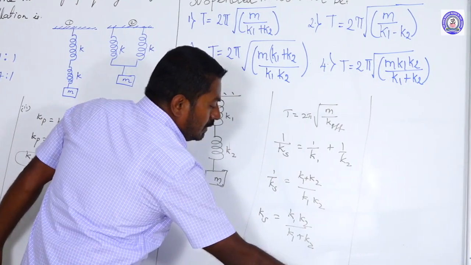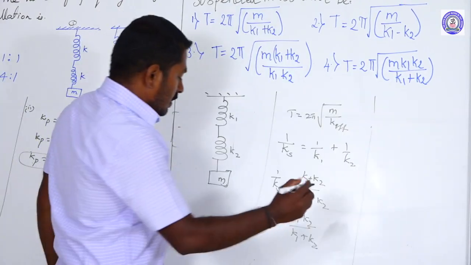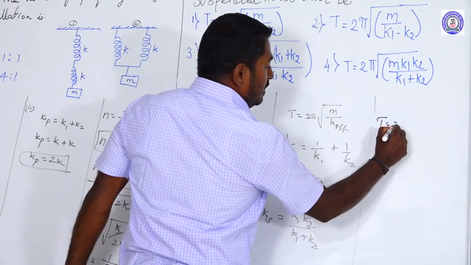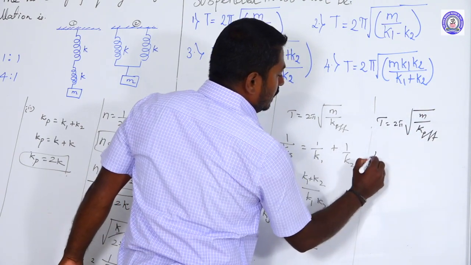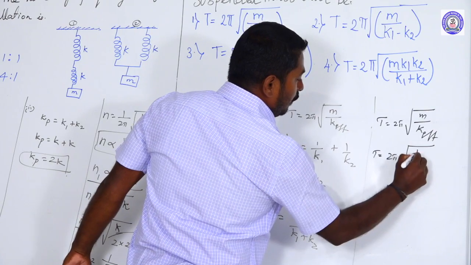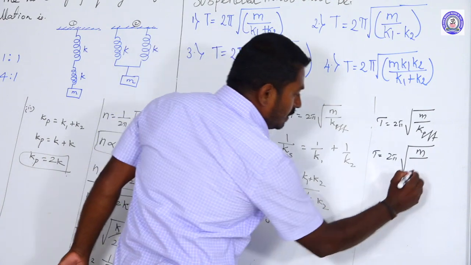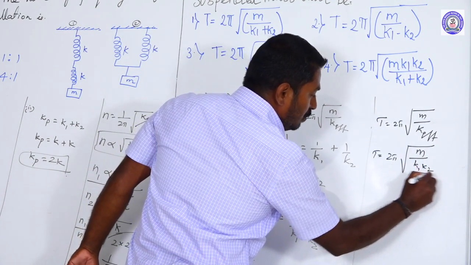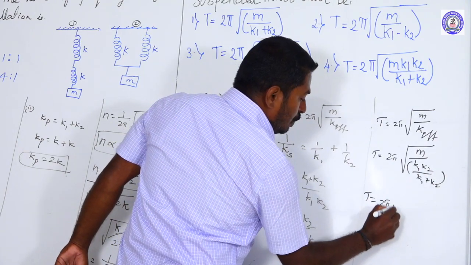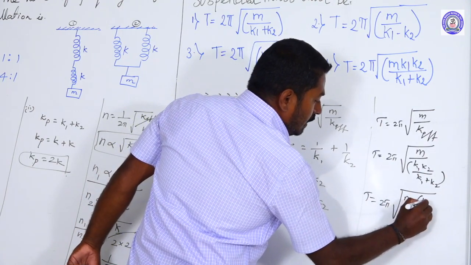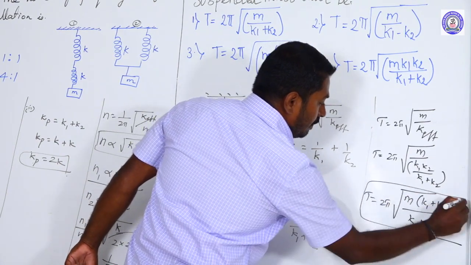Then the time period T is equal to 2 pi square root of m divided by the effective spring constant in series, K1 K2 divided by K1 plus K2. Then T is equal to 2 pi square root of m into K1 plus K2 divided by K1 K2.